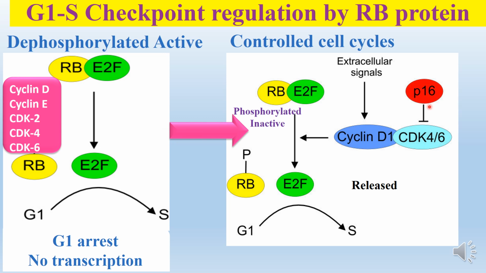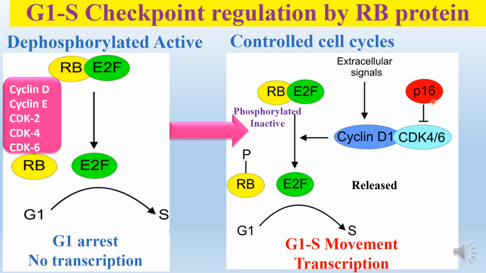And there is one more protein over here, that is the P16 protein. The role of this protein is to suppress the tumors and regulate the cell cycle by inhibiting the CDKs. So whenever the CDKs are inhibited, then the cell cycle is arrested. Currently in this condition, when all conditions are fulfilled, G1S movement occurs and the transcription starts.